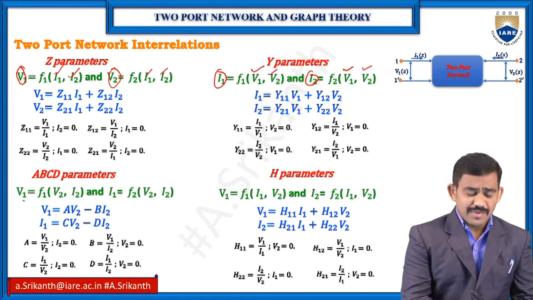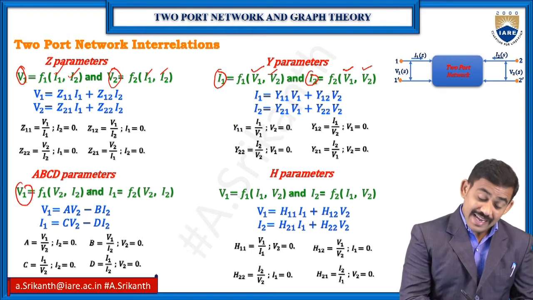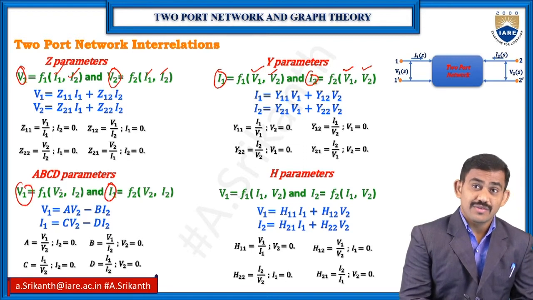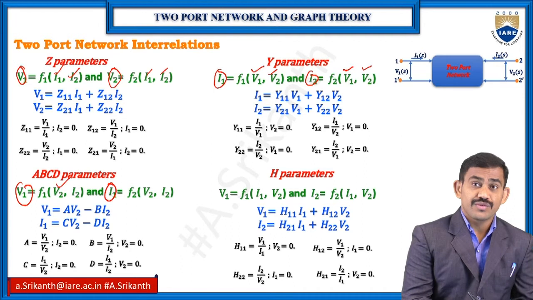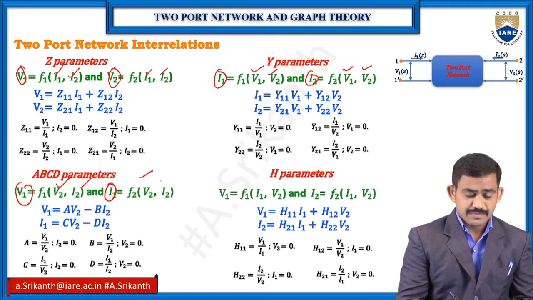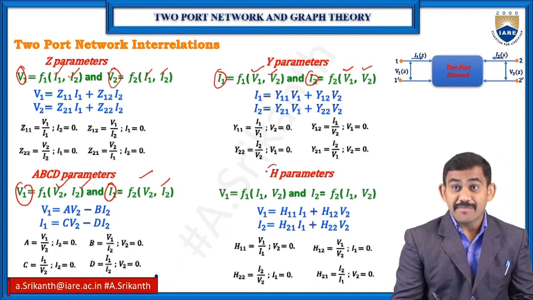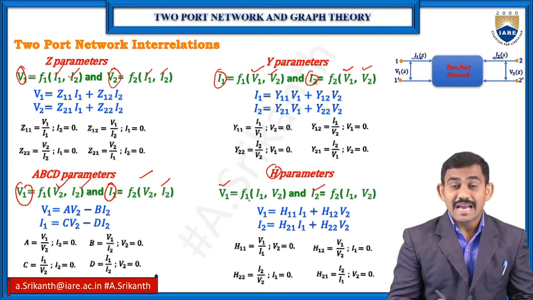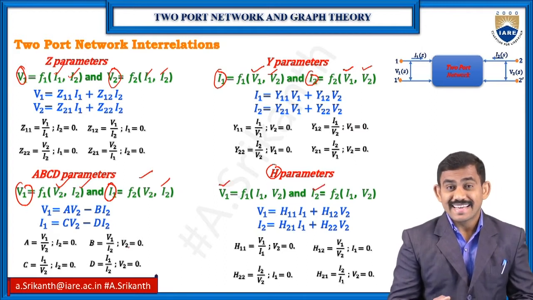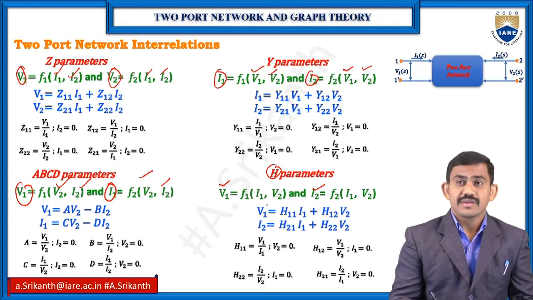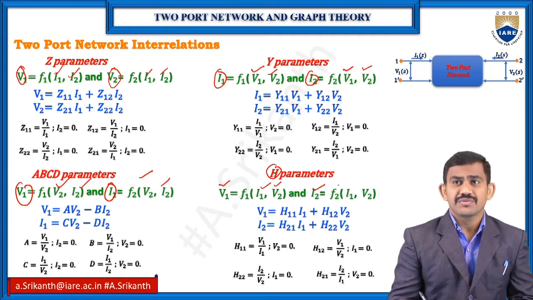Coming to ABCD parameters, input values V1 and I1 in terms of V2 and I2. H parameters, hybrid parameters: V1 and I2, hybrid, primary voltage and secondary current in terms of I1 and V2.